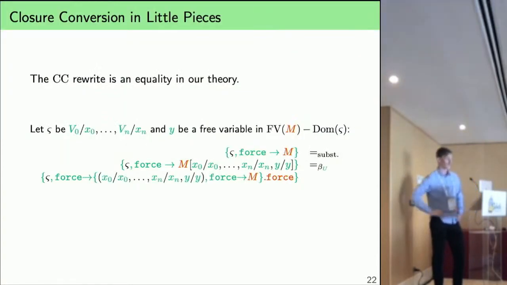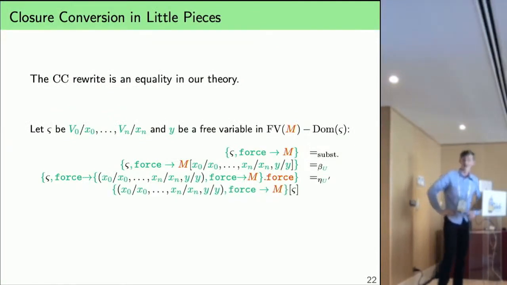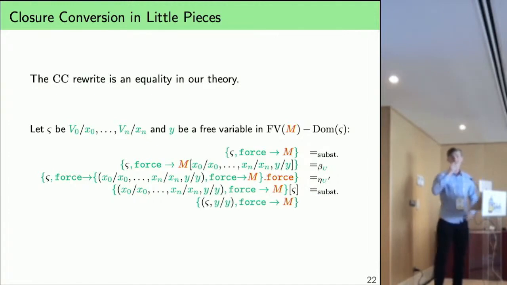And then we do a beta expansion followed by an eta reduction, and then perform the final substitution. We end up with a closure with one more variable.